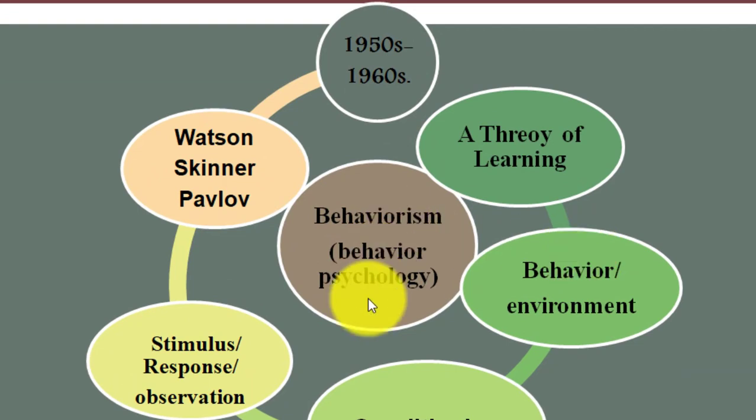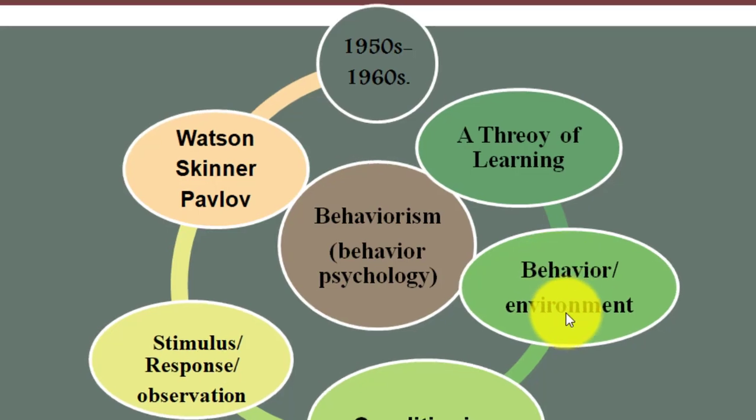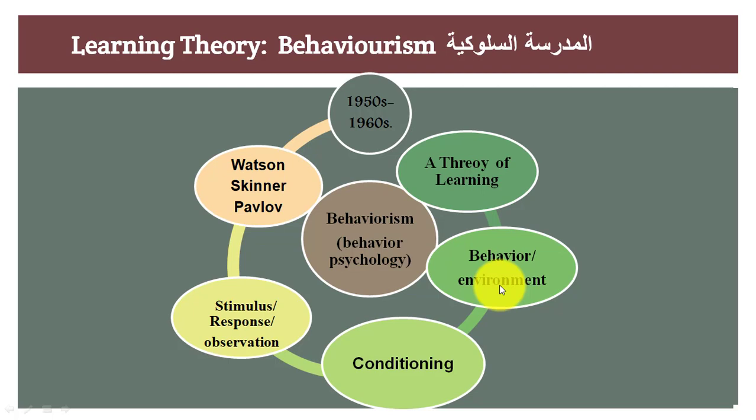Behaviorism, that is also known as behavior psychology, was very popular in the 50s and the 60s. It is in fact a theory of learning that states that all behaviors are learned through interaction with the environment, through a process called conditioning.